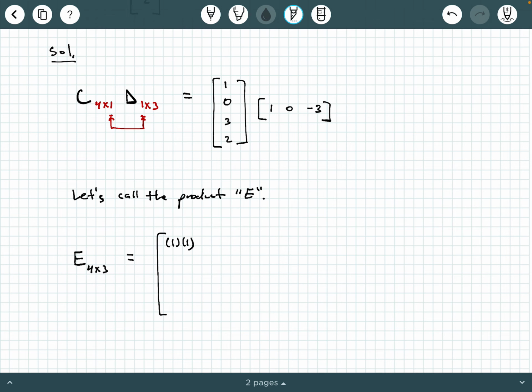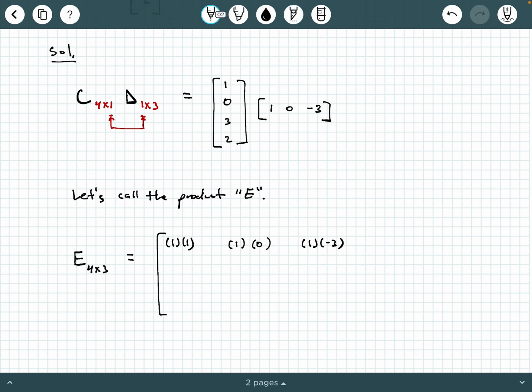Now let's find the 1, 2 entry. Row 1, column 2. So row 1 by column 2, we're going to say 1 by 0. Now let's go row 1, column 3 of the product. Row 1 by column 3 is 1 by negative 3. All right, so that takes care of the first row of our product.